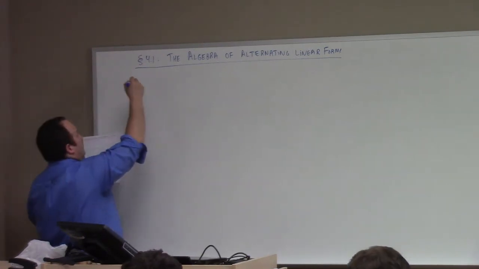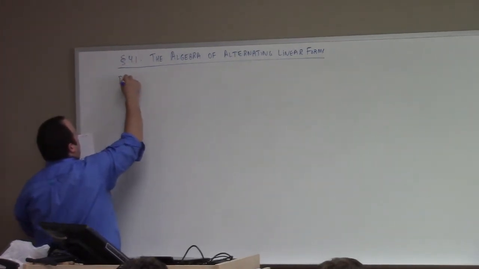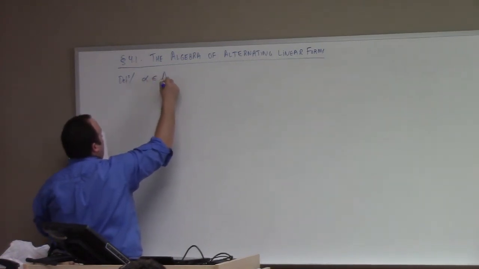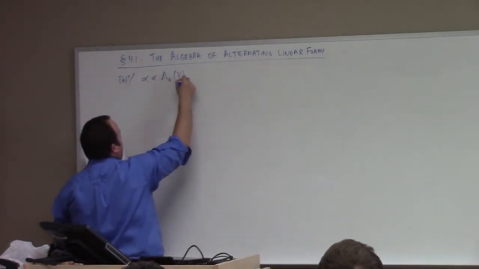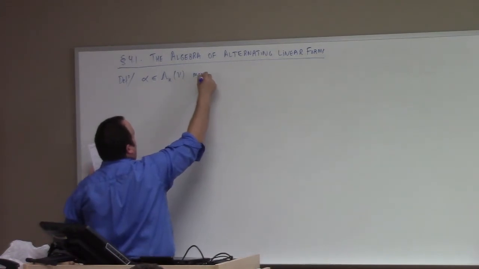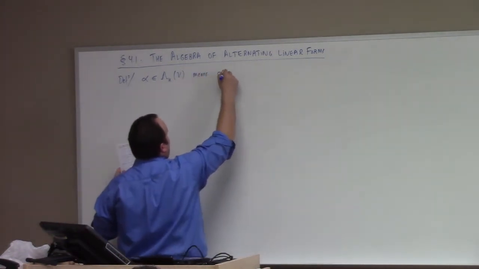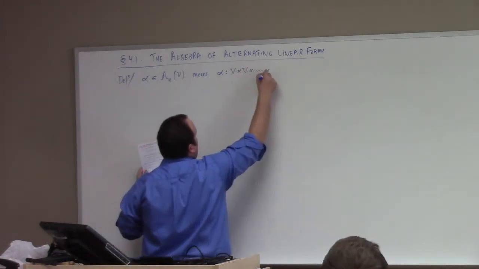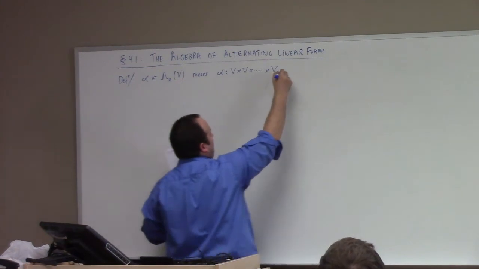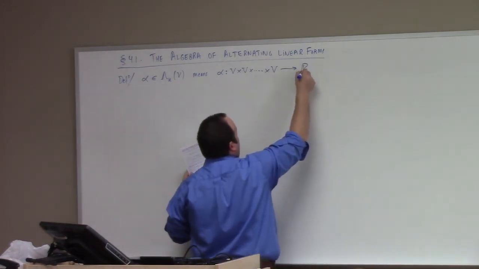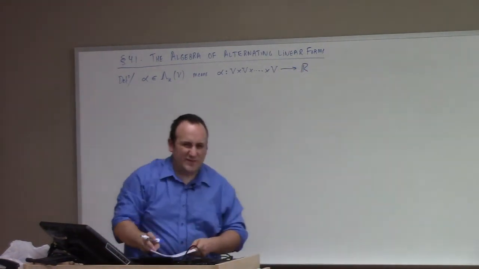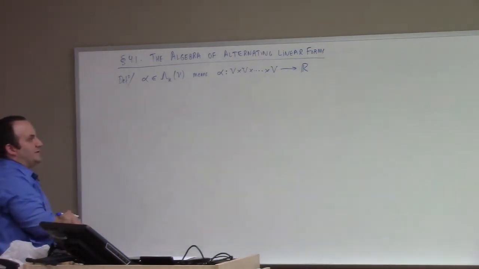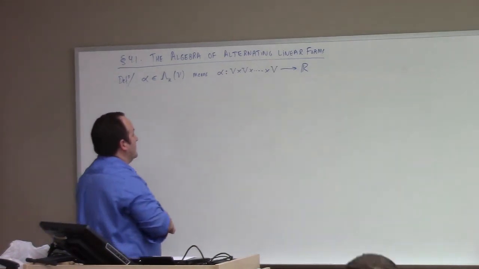What was the definition? We have alpha is an element of what we call lambda sub k of V. What's that mean? Alpha is a mapping from what? From V cross V, how many times? K times, yeah. And we work with real valued forms, but you could put other stuff there. But by default, put the field over which you're working, which is the reals for us.